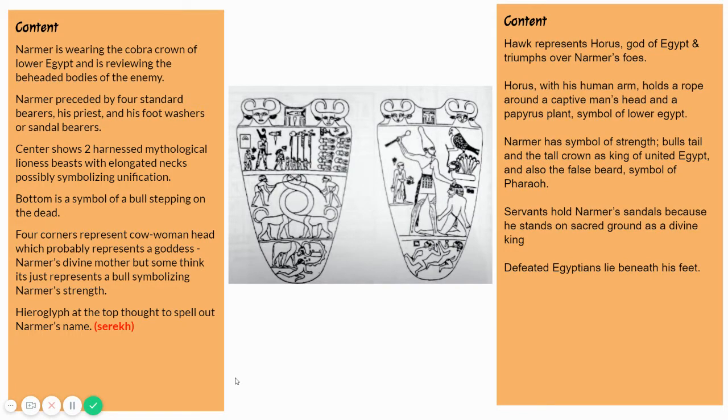For this piece, the category of content is going to be most important. And you're going to see that content becomes very important in this entire Egyptian content area, because we're going to be looking at a lot of narratives, and we need to be able to pause and observe to understand the narrative and interpret the story.